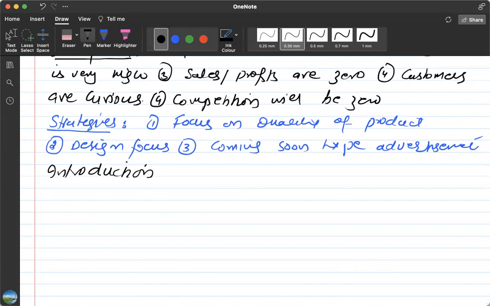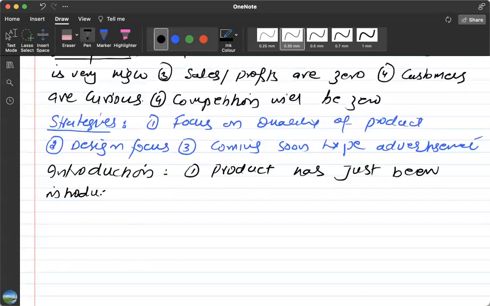At the stage of introduction, the product has just been introduced, so its sales and growth will be very slow because consumers are not much aware of the product, so they won't buy immediately.